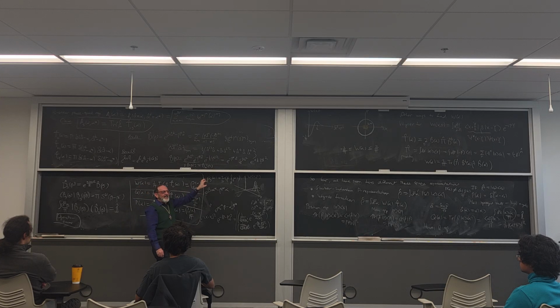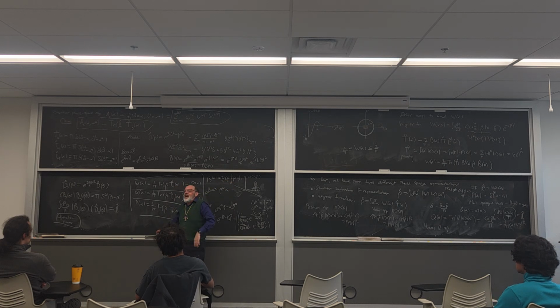They define the S-ordered representation as the trace with T sub S, not T sub minus S. Because they think, why carry around an extra minus sign? You have to remember the extra minus sign.